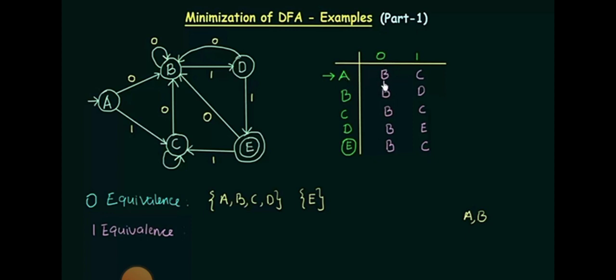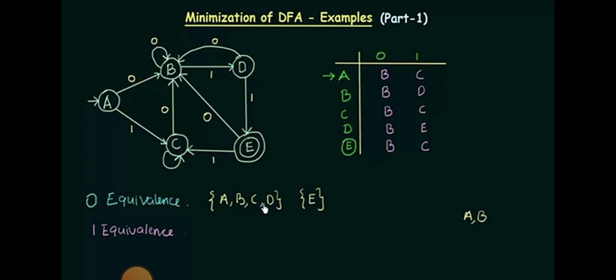A on getting input 0 goes to B, and B on getting input 0 goes to B. Since they are in the same set, let us go to input 1. A on getting input 1 goes to C, and B on getting input 1 goes to D.